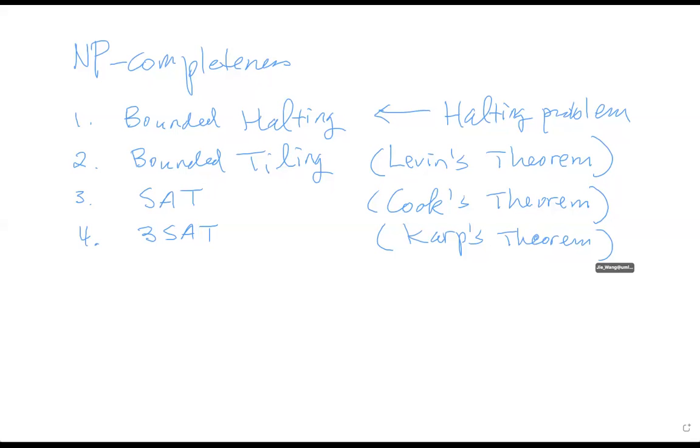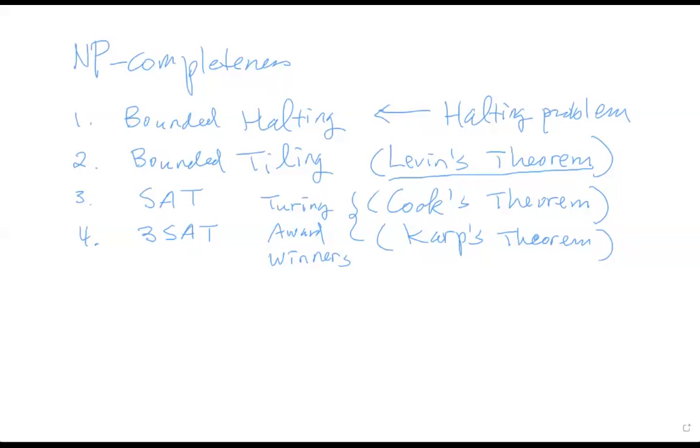Both of these two people, Cook and Karp, are Turing Award winners. Of course, Levin could have won the Turing Award if he were in the US. He was in Russia then. After that, in the late 1970s, Levin immigrated to the US.